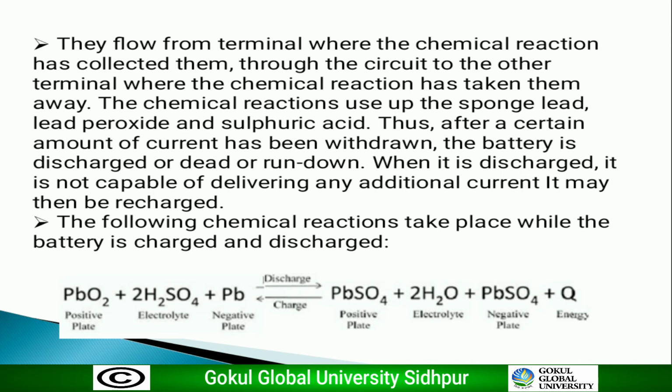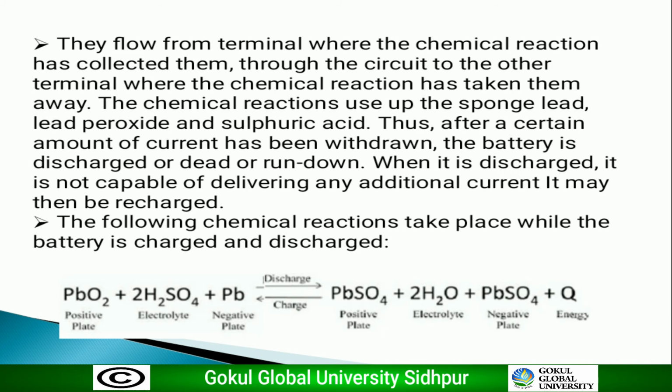When SO4 goes toward the positive plates, it makes PbSO4, and the oxygen on the positive plates is divided, and this oxygen combines with hydrogen of the electrolyte and makes H2O, water, and the positive plates become PbSO4. When the SO4 ion goes towards the negative plate, it also makes PbSO4 on the negative plate.